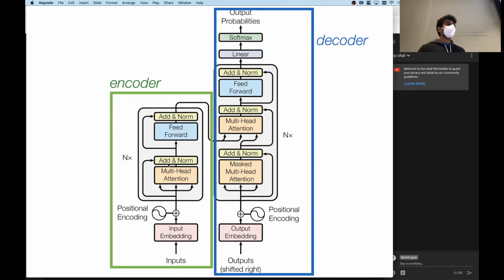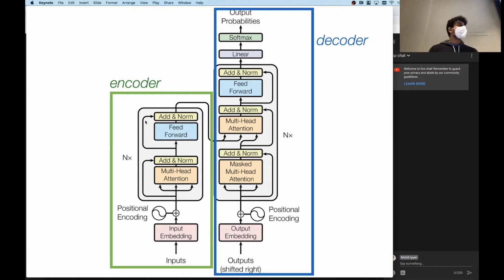So the encoder in the machine translation setting is responsible for computing useful representations of the French sentence, right? And then the decoder is responsible for actually producing the words that are associated with the English translation of that sentence.